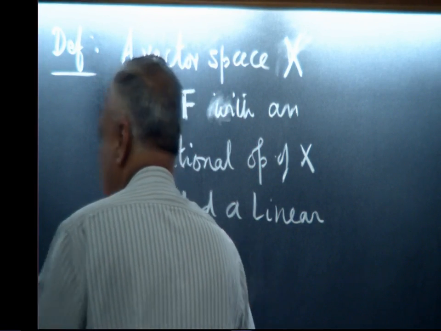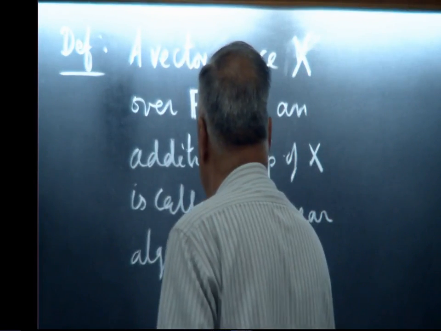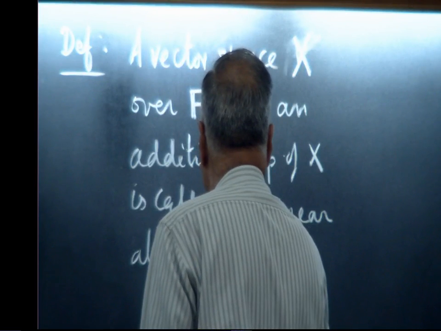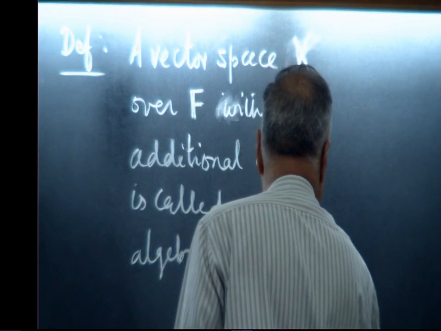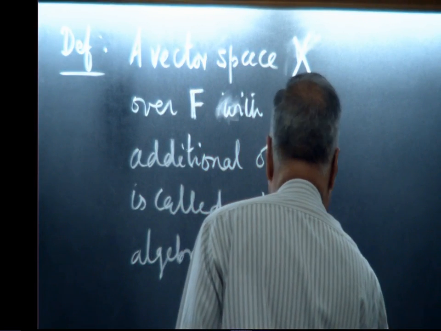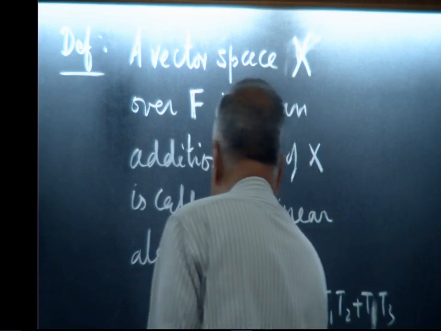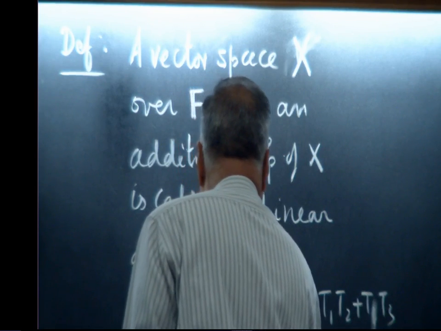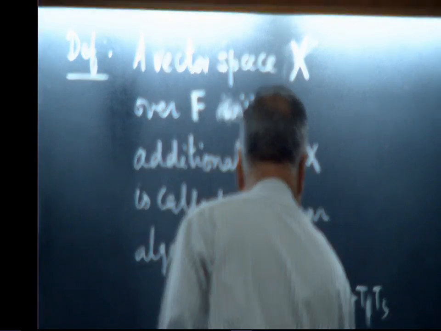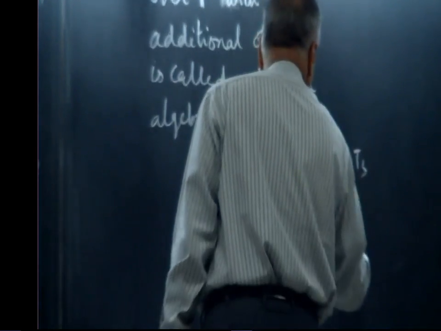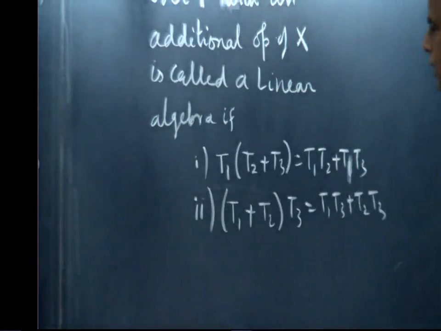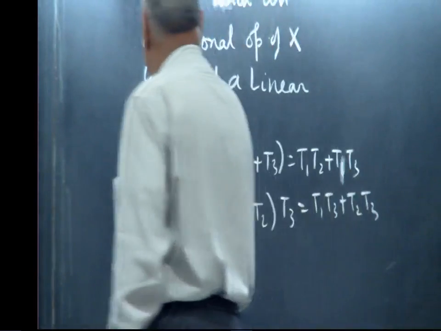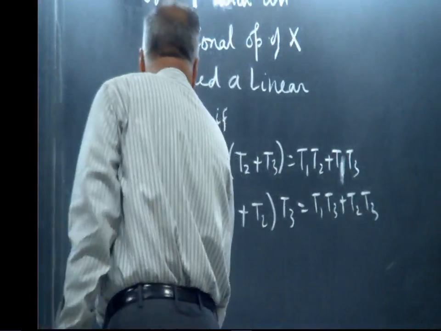if the multiplication obeys these laws, that is, it distributes over addition, and both sides distribution: (T1 plus T2) T3 is equal to T1 T3 plus T2 T3, both left distribution as well as right distribution, and that is, this multiplication is distributive.